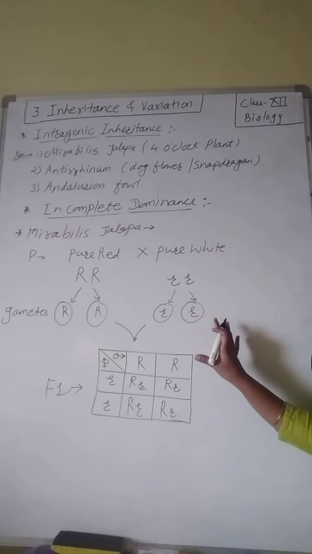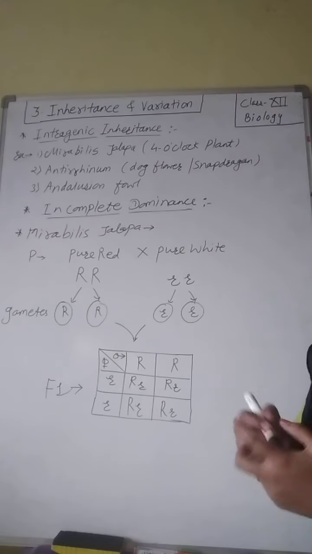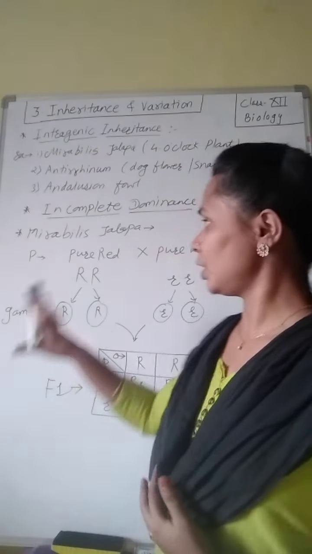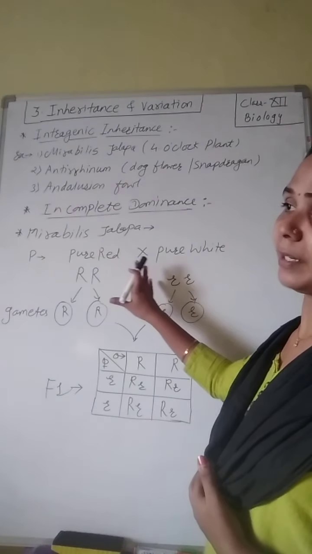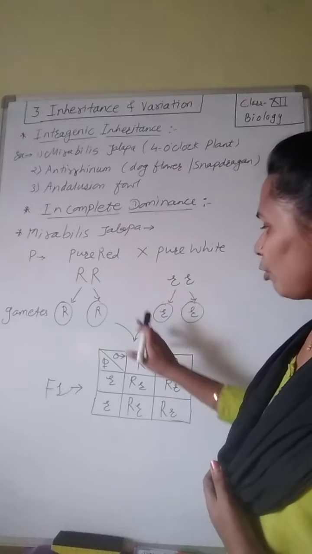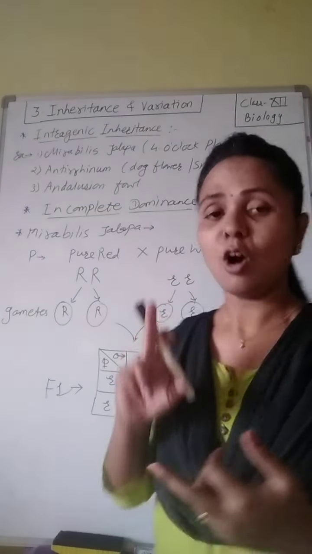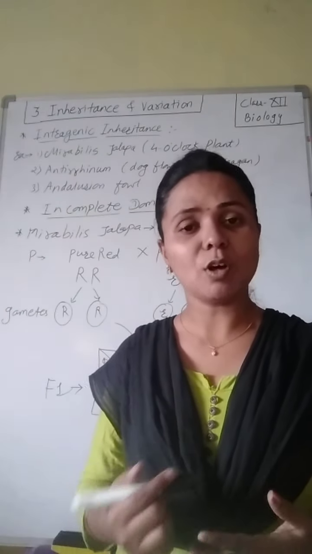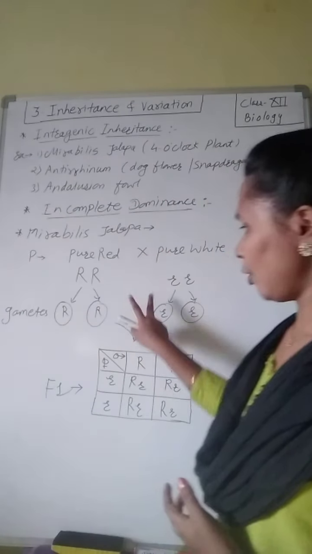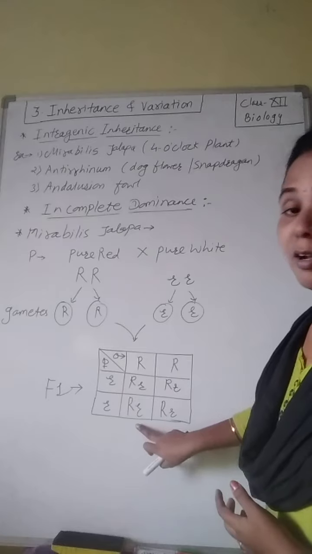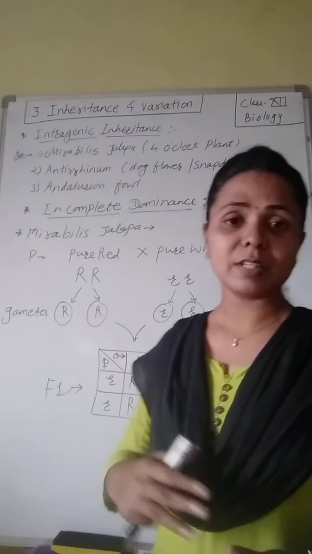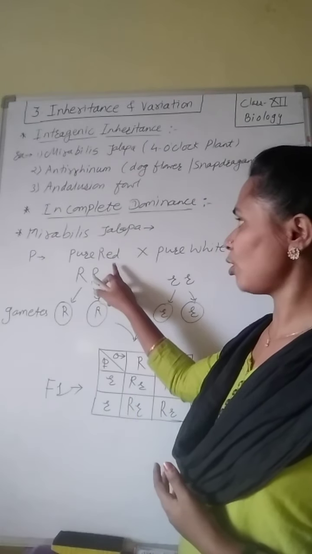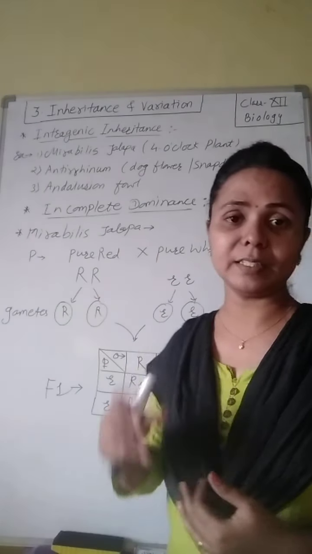According to Mendel's law, where one parent is dominant and the other recessive, when crossed, the F1 generation shows only the dominant trait, like all tall in previous videos. So we would need all red here, but this was an exception. This was incomplete dominance: the combination of red and white gives pink color.